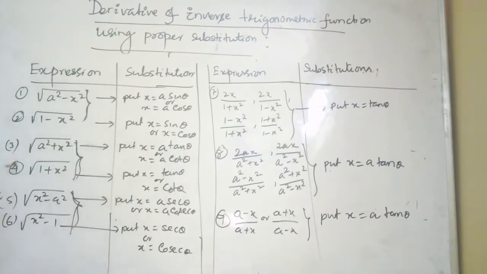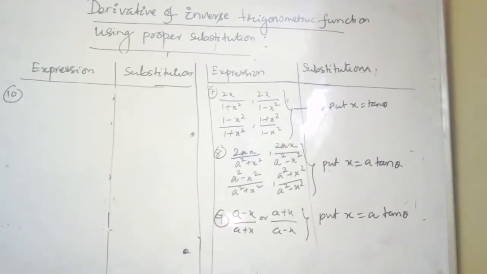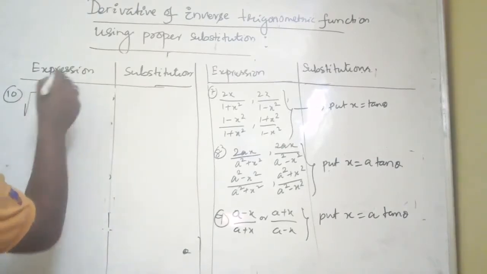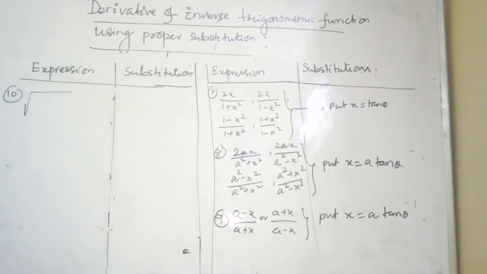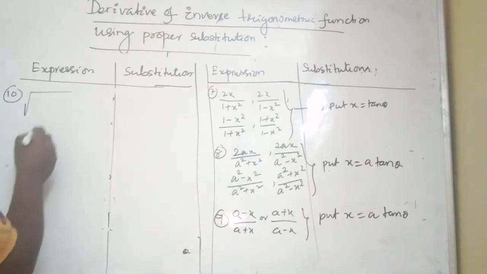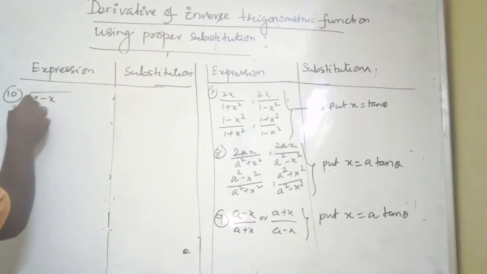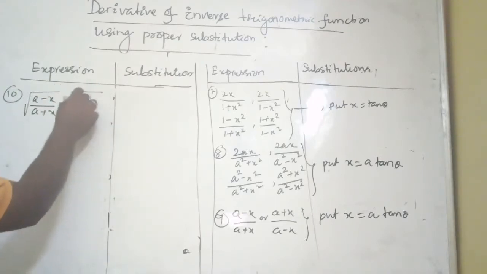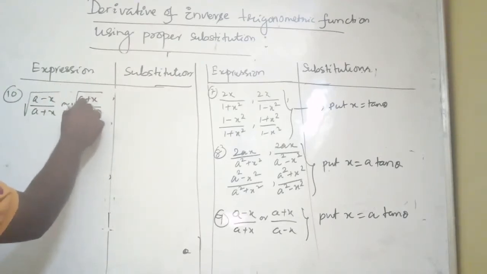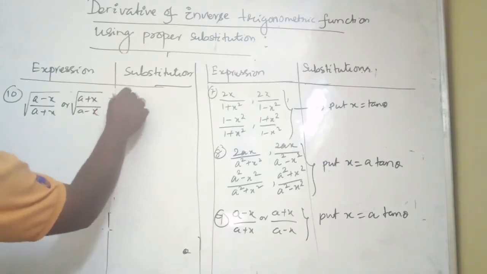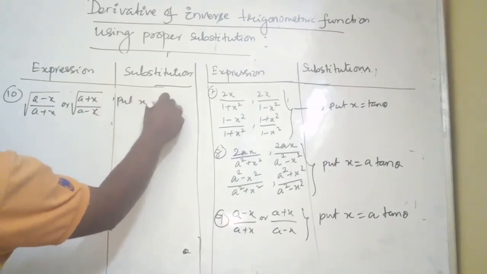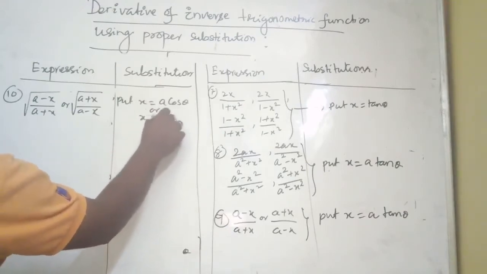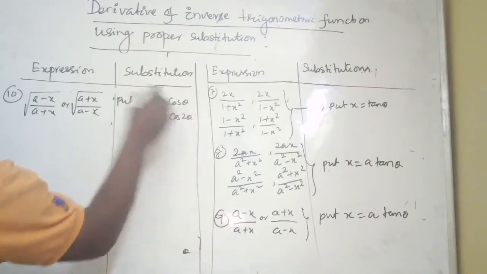Okay, 10, this is suppose root over a minus x by a plus x, or root over a plus x by a minus x. Put x is equal to a cos theta or x is equal to a cos 2 theta.